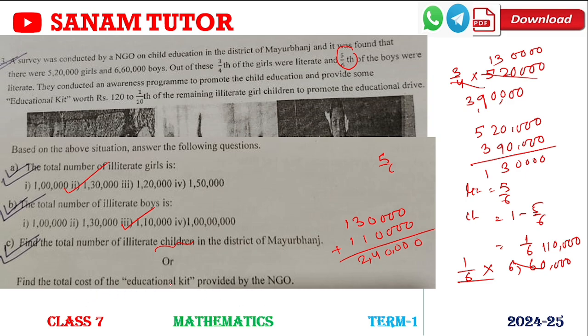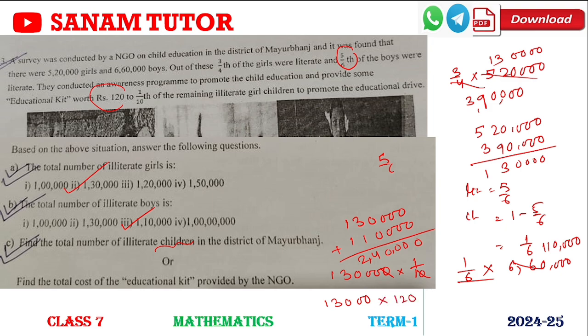Now find the total cost of the educational kit provided by the NGO. They provide an educational kit worth 120 to 1/10 of the remaining illiterate girl children to promote the educational drive. So 1/10 of the remaining illiterate girls: 1,30,000 into 1/10, that is 13,000 students, and each kit price is 120.